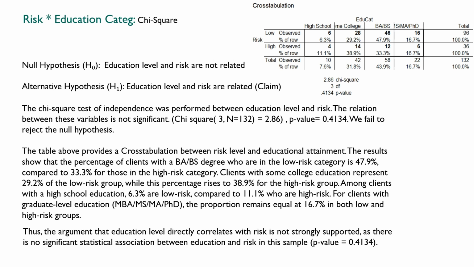Among clients with a high school education, 6.3% are low risk compared to 11.1% who are high risk. For clients with graduate level education, MBA, MS, MA, PhD, the proportion remains equal at 16.7% in both low and high risk groups. Thus, the argument that education level directly correlates with high risk is not strongly supported, as there is no significant statistical association between education and risk in this sample.